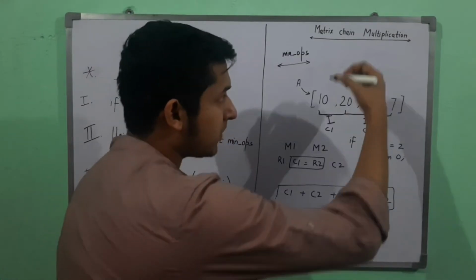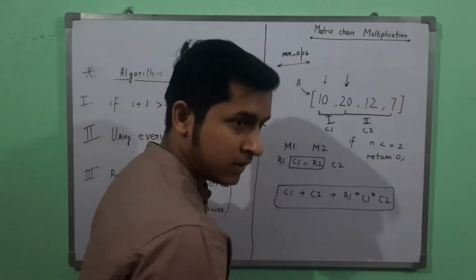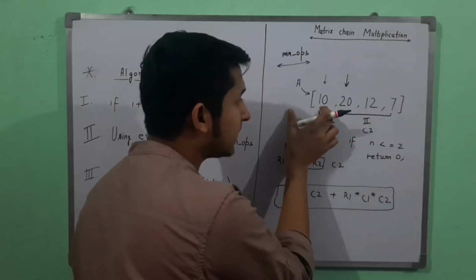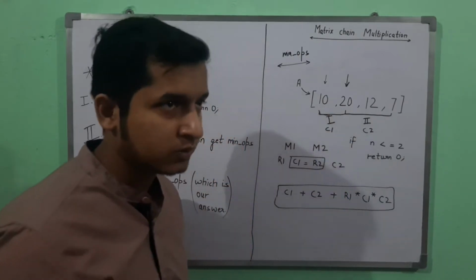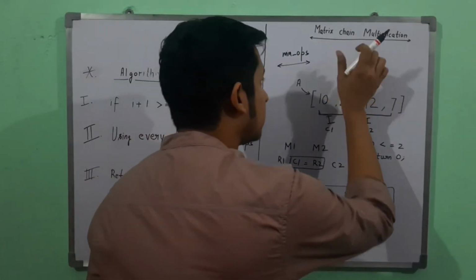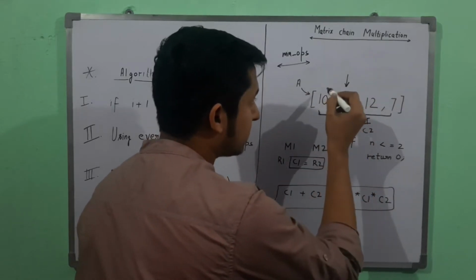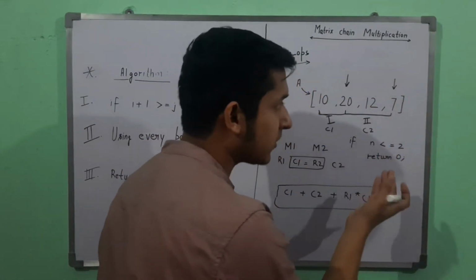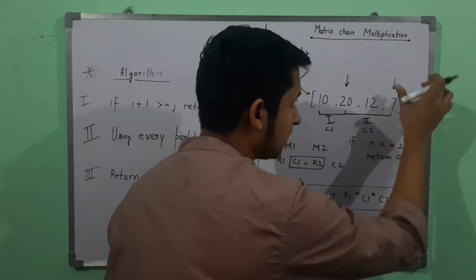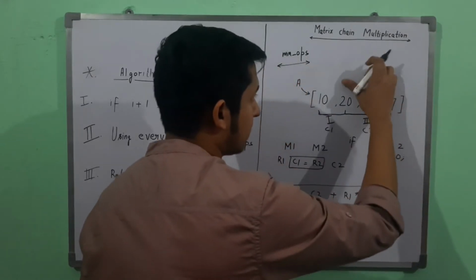Now, can I have a partition over here? No, we can't. Why? Because there is no matrix in the left part of it. It's just a single integer and we can't do that. So, I can't have a partition at this place. And if I talk about this place, no, I can't have a partition over there as well because this is not any matrix.